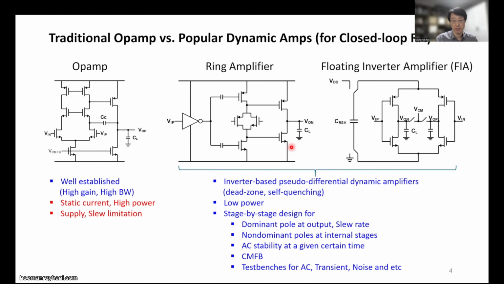The upper stage will be designed, and non-dominant poles will be determined with a target gain. Because they are dynamic amplifiers, we still need to test their stability for a given certain time, right? So we will discuss a test bench for AC stability for a given time.